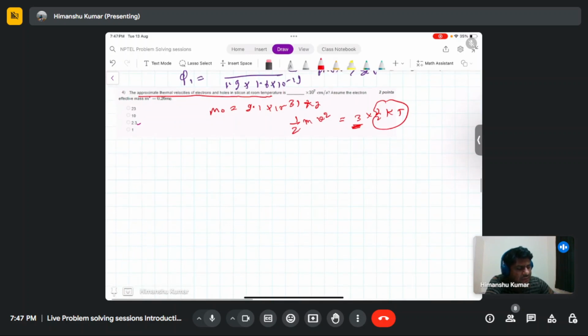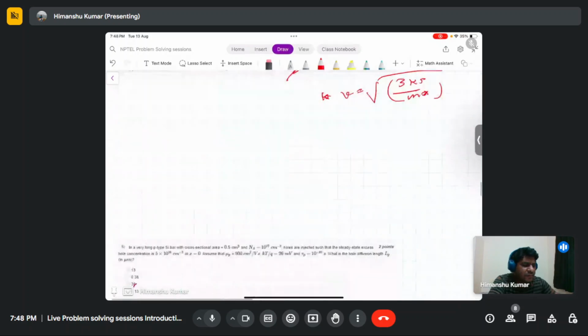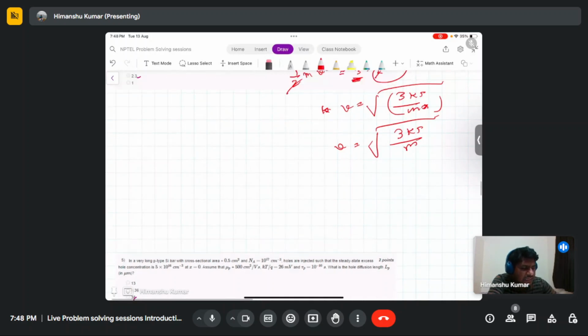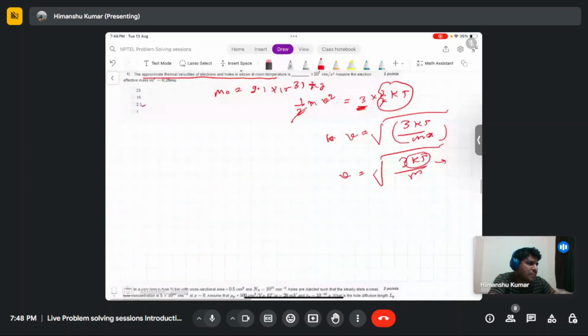So if we calculate, this half will get cancelled, and we get v as the square root of 3 kT by m star. If you put in the value, kT at room temperature is 25 milli electron volt, and you can convert from milli electron volt to joule and then calculate the velocity.